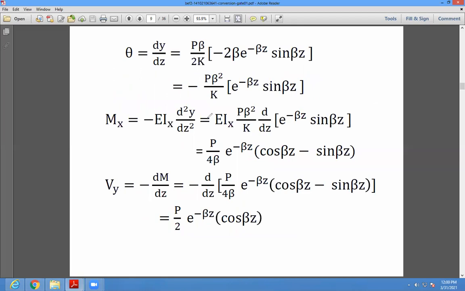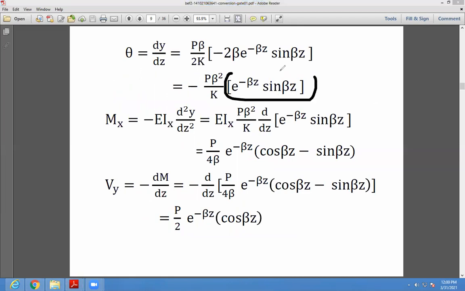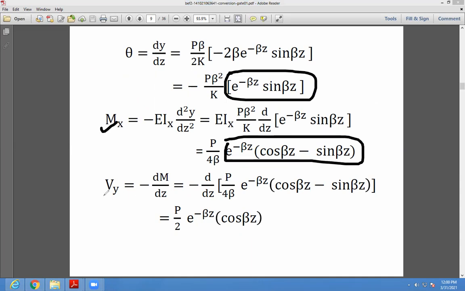Then in the equation of slope, this is again B beta Z. In the equation of Mx, this term is taken as C beta Z. In the equation of shear, this term is taken as D beta Z.